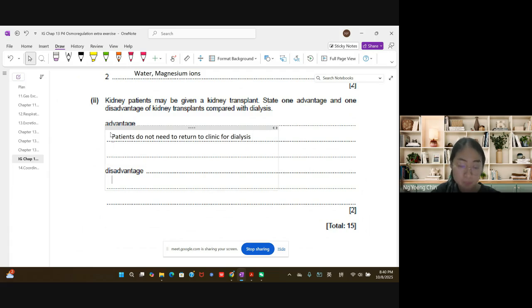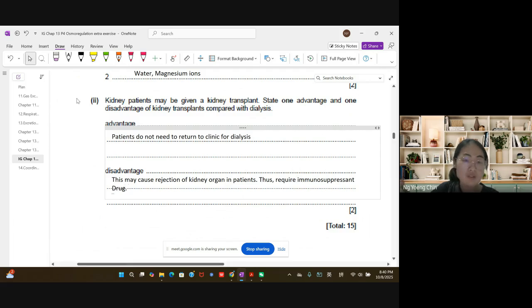But the disadvantage is that organ rejection may happen. This may cause rejection of the kidney organ in the patient, thus requiring immunosuppressant drugs. This will bring side effects to the health of the patient.